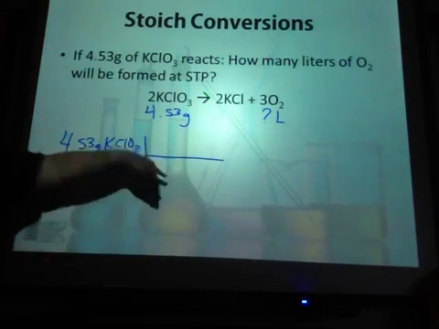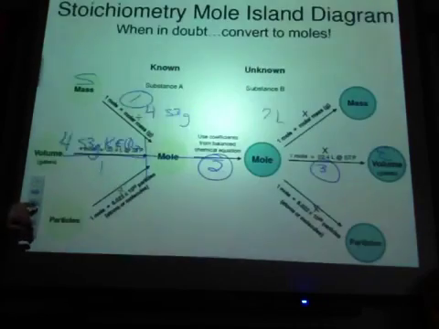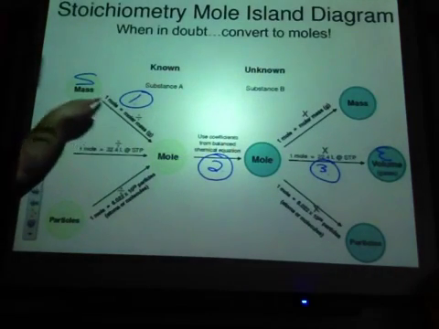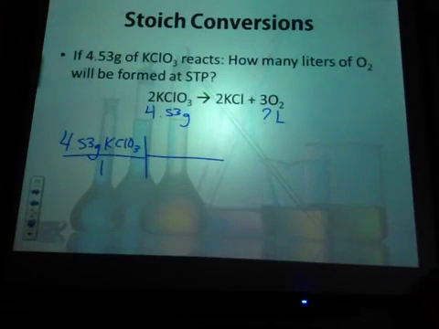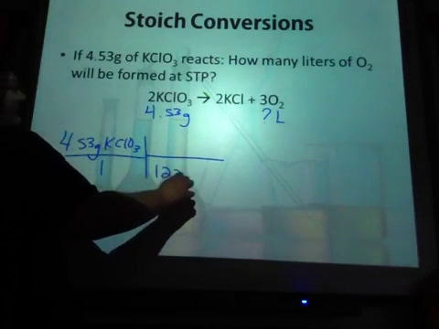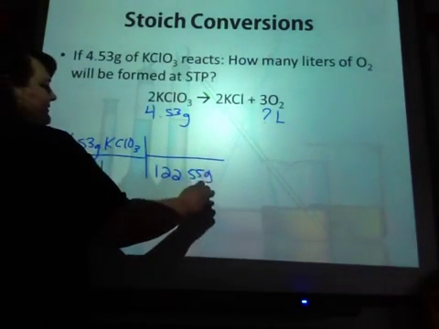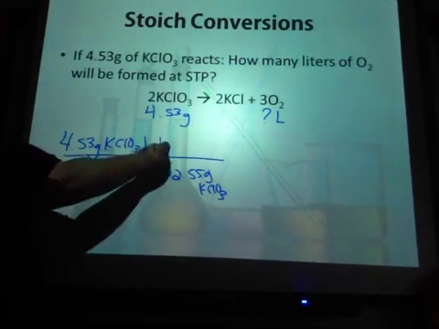So Austin, what would we put on bottom in this next step? So we're right here, so we're going to use this conversion. So what would go on bottom? Molar mass of KClO3. Yep, and we found that one already. It was 122.55 grams. And then according to our chart, it says 1 mole goes on top.